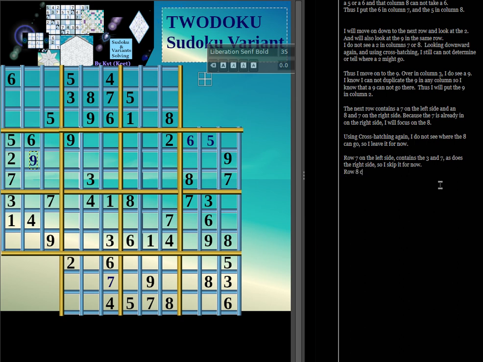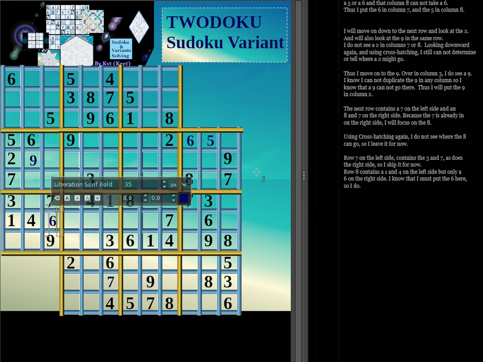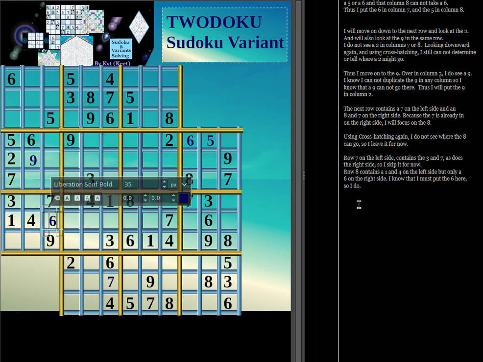Row 8 contains a 1 and 4 on the left side, but only a 6 on the right side. I know that I must put the 6 here, so I do. I then look on the right side to see if I can put in the 1 and 4.